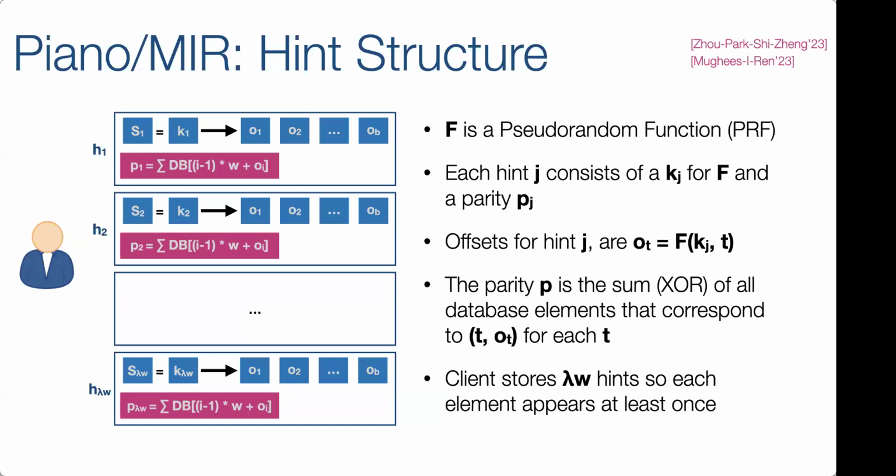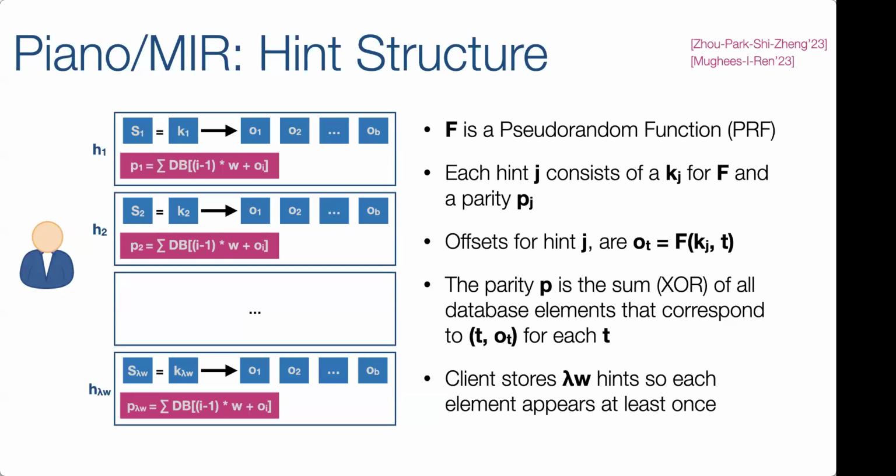I have a PRF key, and that defines a set because I can feed into my PRF 1, 2, 3, all the way up to B. The outputs of that PRF give me integers between 0 and W minus 1. So if I have B of these offsets, that specifies a set. A hint consists of a set together with a parity, and this parity is the sum of the database elements of that set. If there's anything confusing about the hint structure going forward, please ask, because this is where the improvements are going to come.